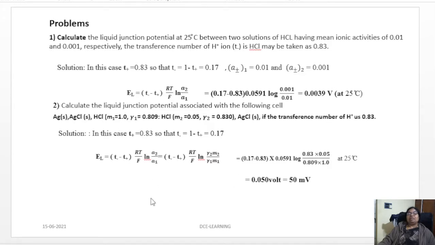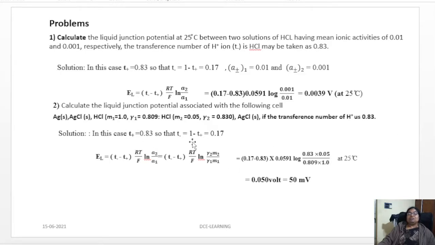For another example, calculate the liquid junction potential associated with the following cell with AgCl at different concentrations, given the transference number of H plus ion is 0.83. So T plus is equal to 0.83, already given.